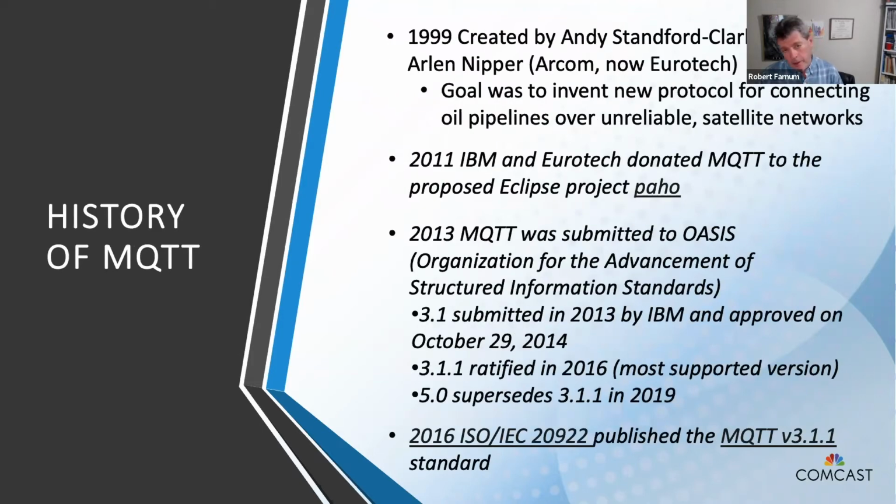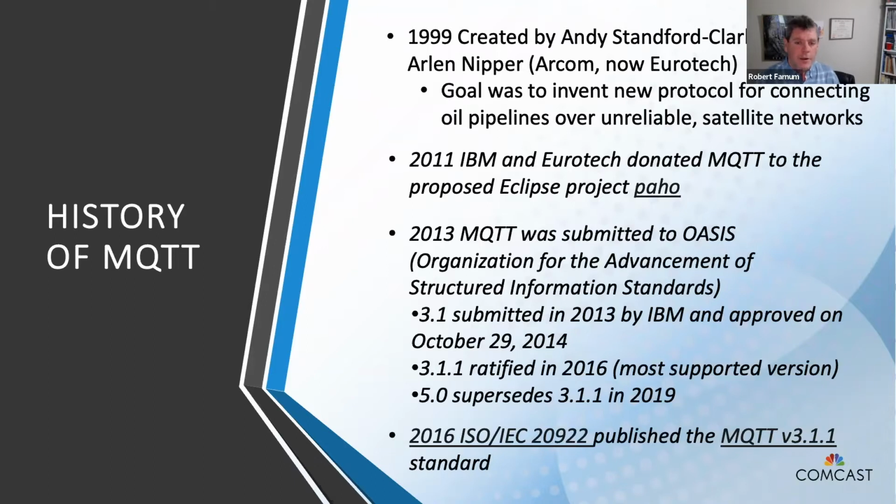A little history. It was created quite a while ago. Back in '99, a gentleman from IBM, Andy Clark, and Arlen Nipper from Eurotech invented the protocol. It was invented for unreliable networks and satellite communications, which you can imagine back in the time was fairly unreliable. In 2011, it was donated to Eclipse as the Paho project.